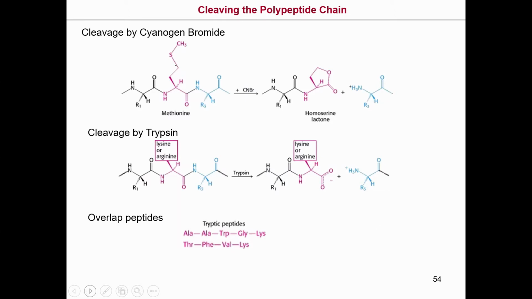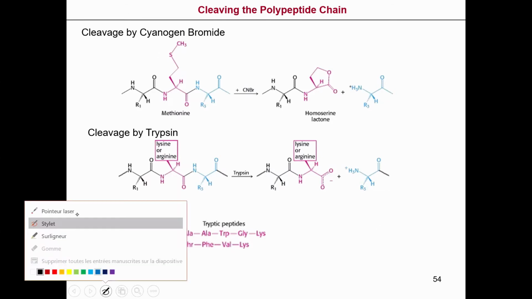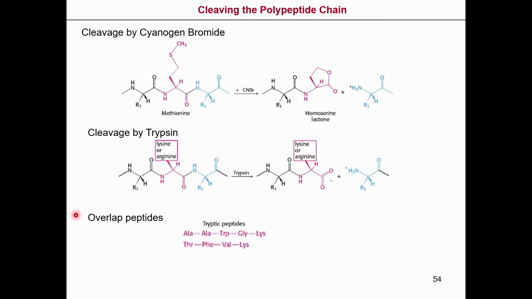We can cleave the peptide by several techniques: a chemical reaction, for example, cyanobromide, or an enzymatic reaction, for example, trypsin.